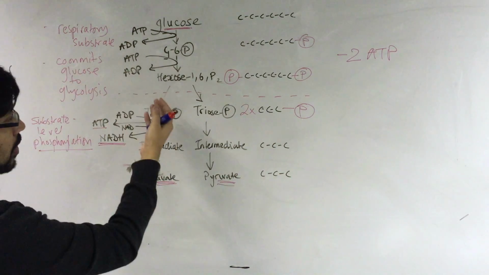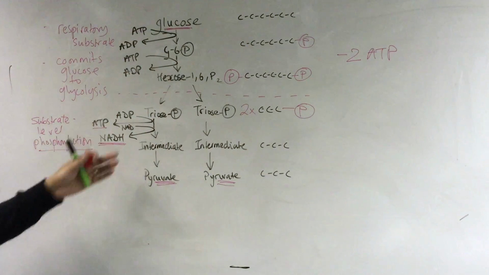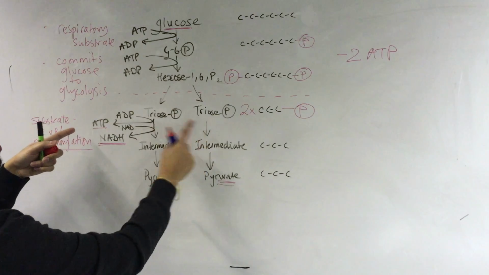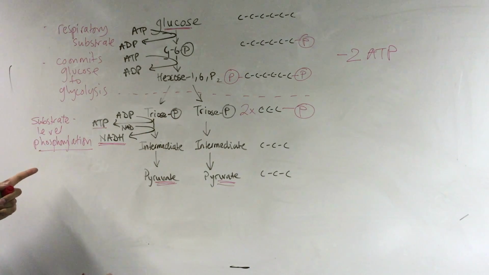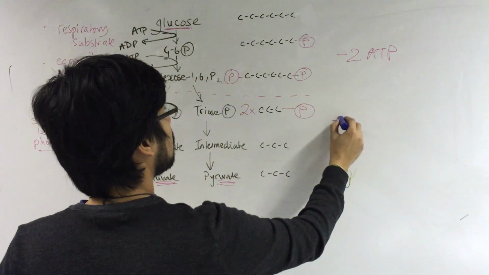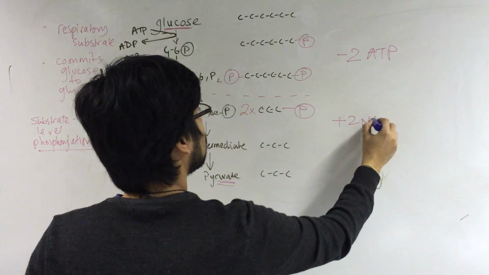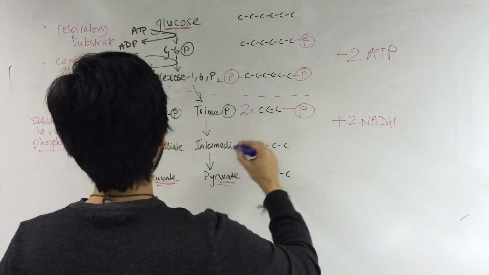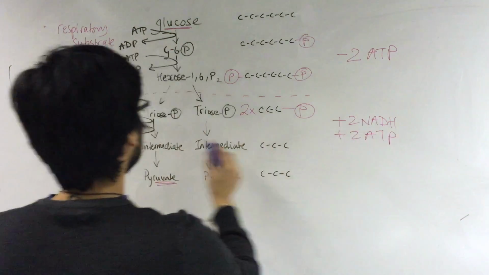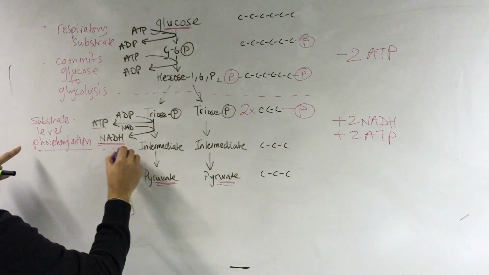So triose phosphate is oxidized into the intermediate, but remember, this is happening twice because of our two triose phosphate molecules. So at this stage, we have got plus 2 NADH and plus 2 ATP, just at this stage right here.